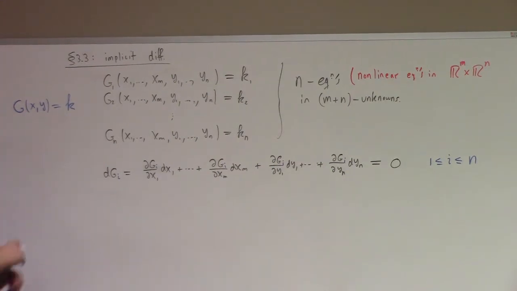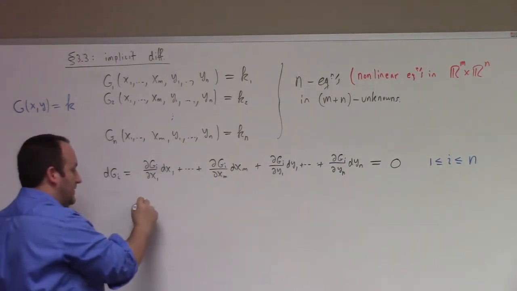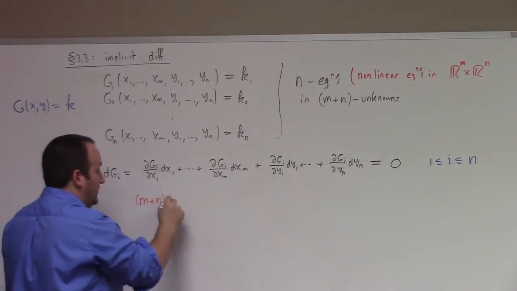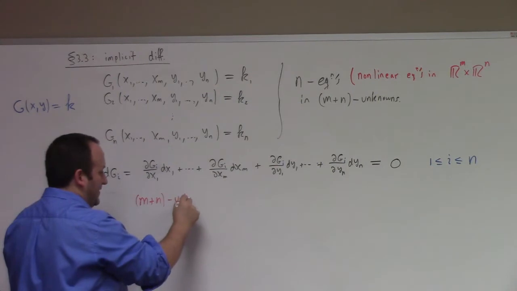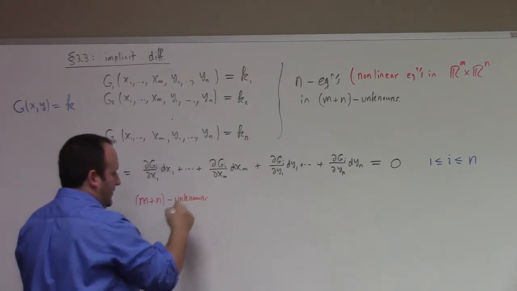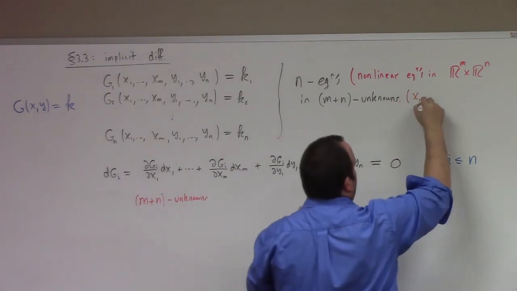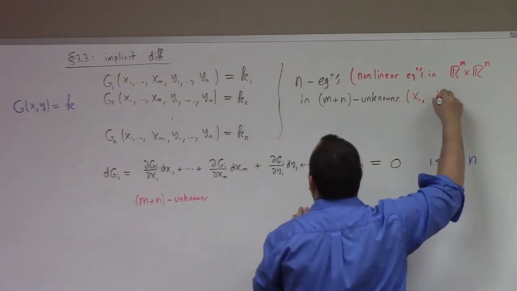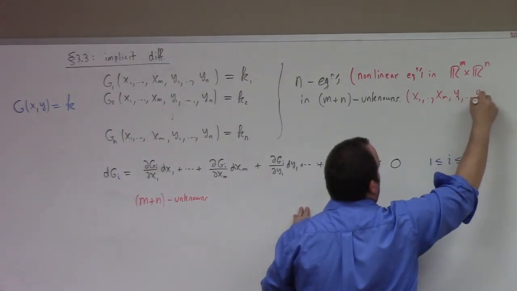But now, after we take the differential of the system of constraints, what do we have? We have m plus n unknowns, right? But the unknowns, like up here, the unknowns are x1 through xm, y1 through yn, right?